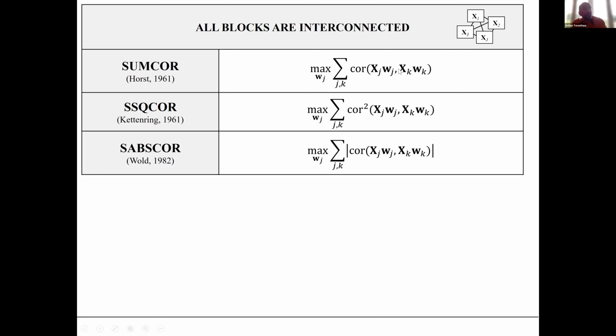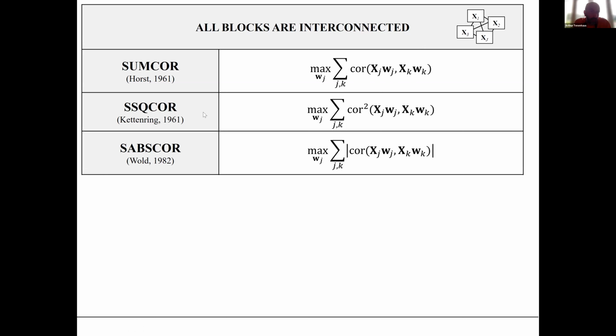You take all the pairwise correlations between block components, and you want to find the Wj that maximize the sum of all the pairwise correlations. But if you maximize the correlation, you force the block components to be positively correlated, and maybe you don't want that.